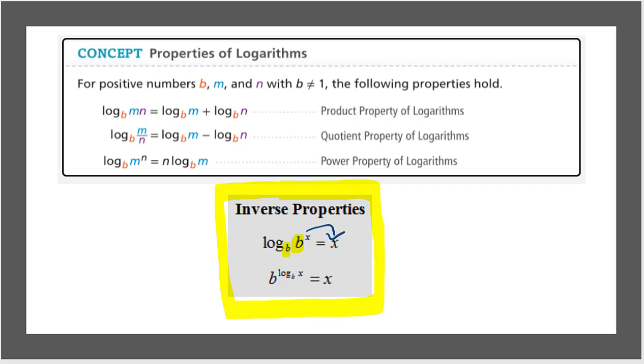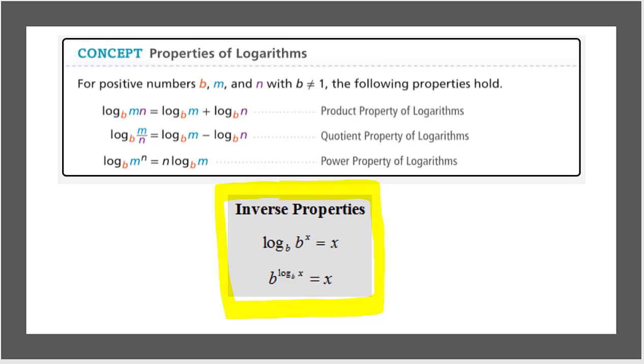What I haven't talked about is the reverse of that, where we start with an exponential, and that's our b, that base of the exponential, and in the exponent is a logarithm. Those can also be simplified, and whatever that number is that's left over is our solution. So both of these are properties that are necessary to know as well.